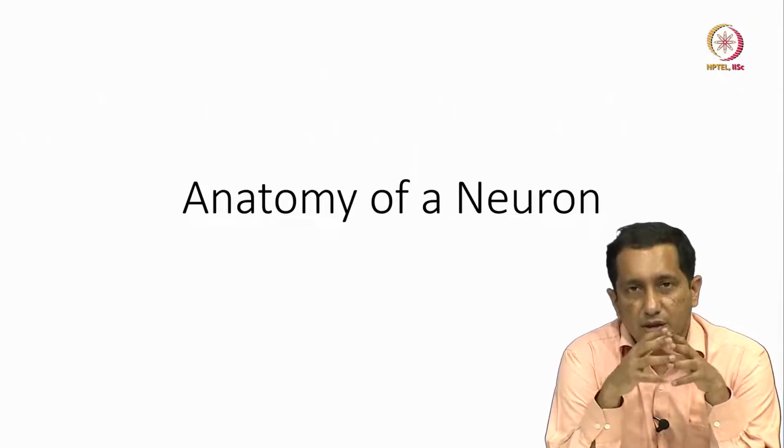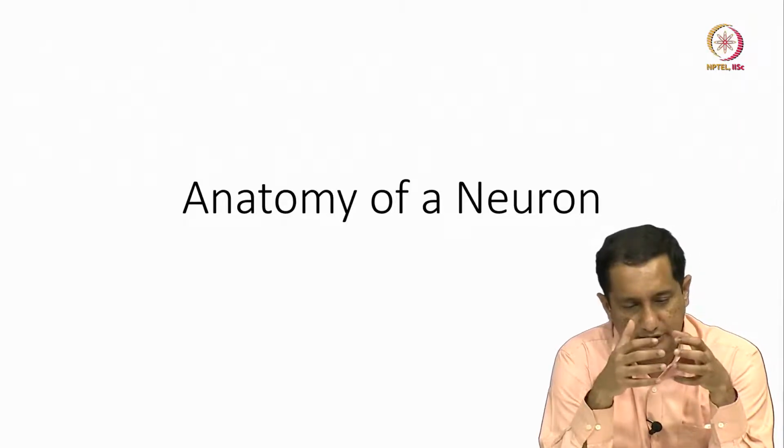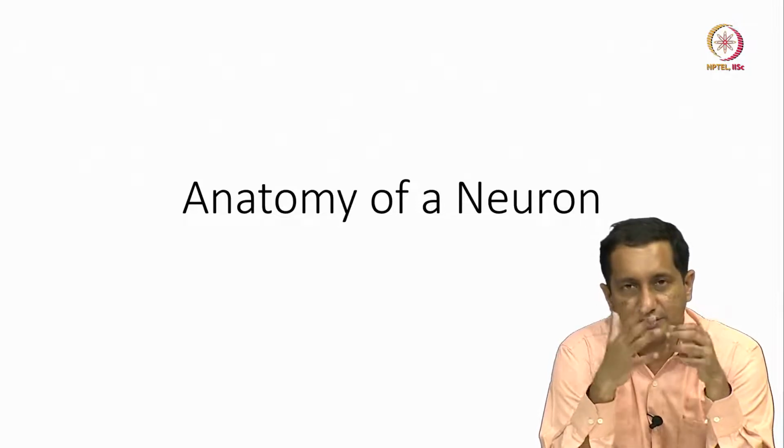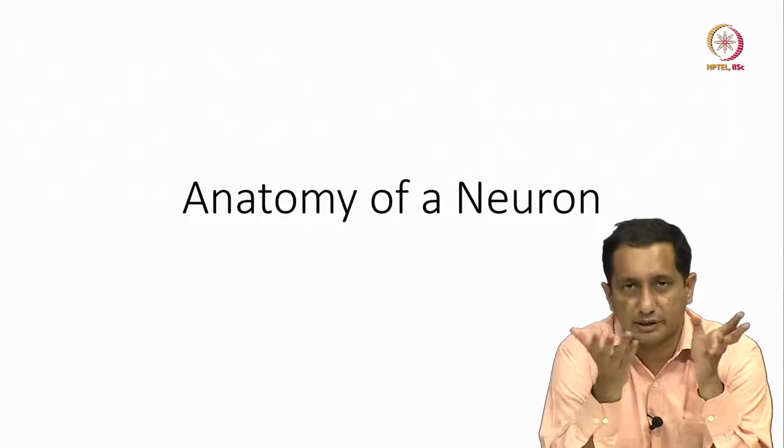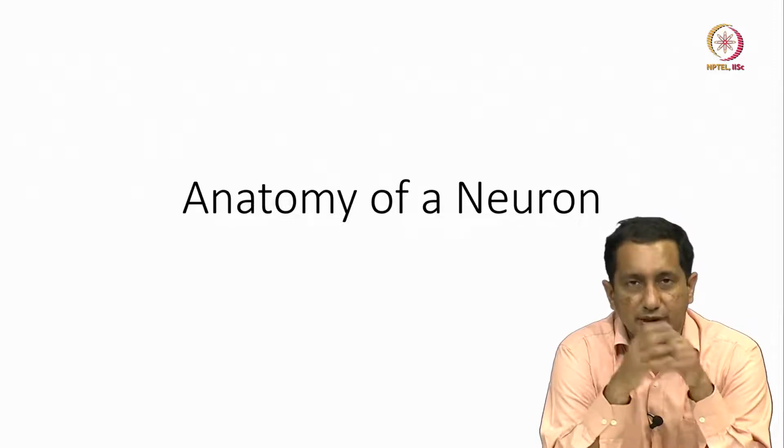So, I have titled this class as anatomy of the neuron. I will be focusing just on the neuron, and we will progress with further advanced structures, ultimately reaching up to the brain in subsequent classes. Over the course of this you may find things a bit unpalatable, but you need to know a little bit of structure.